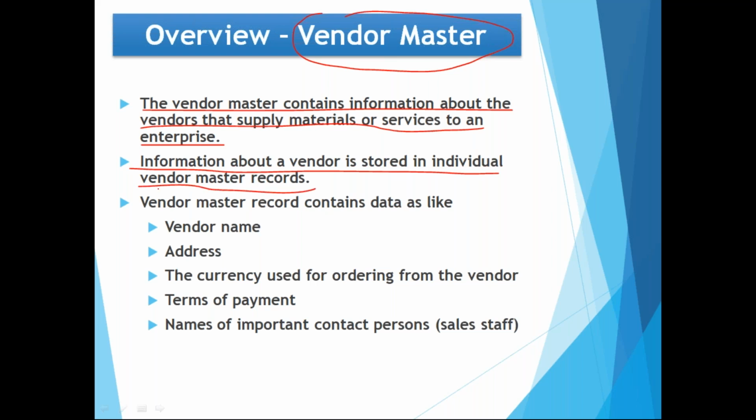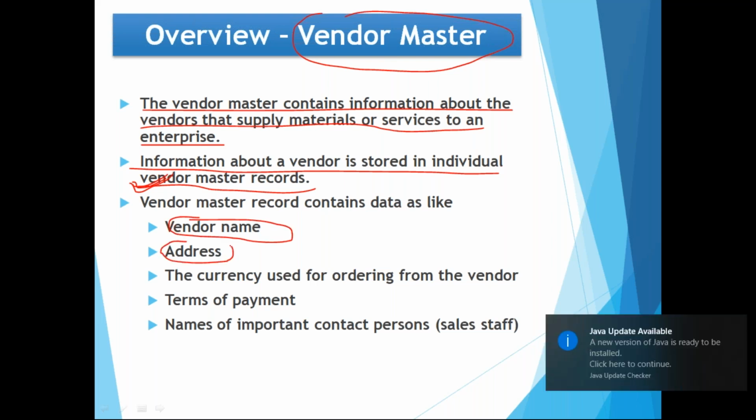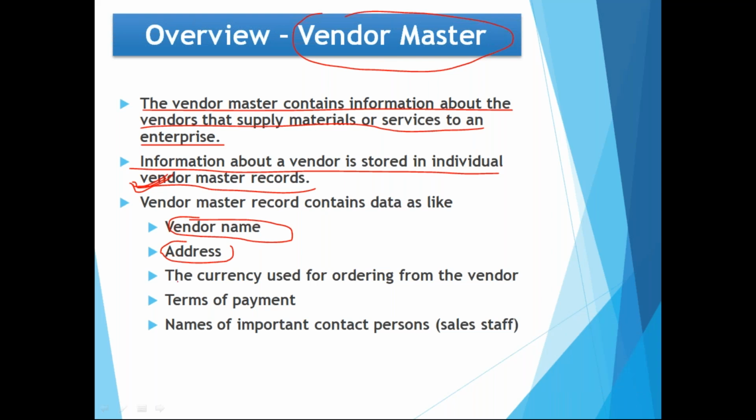So normally the vendor master will contain the vendor name, his address, the currency used for ordering from the vendor, that is, in what currency we are going to order, the terms of payment, and the names of important contact persons in that supplier organization. All this information we will be maintaining in the vendor master.